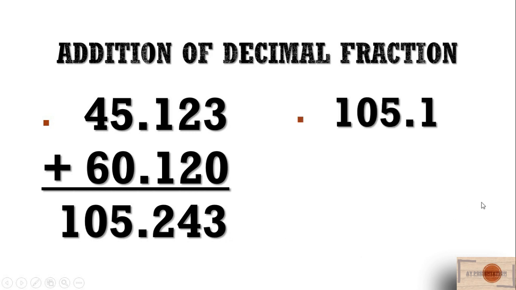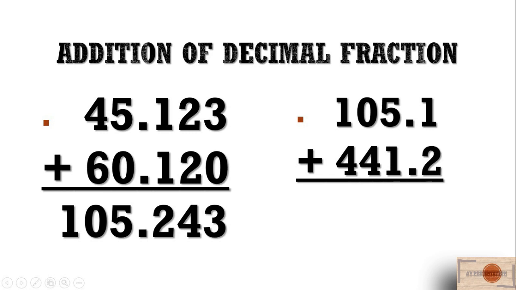Let's take the next example, 105.1 plus 441.240. Students, always remember, in the addition of decimal fractions, write the decimal point below the decimal point above.